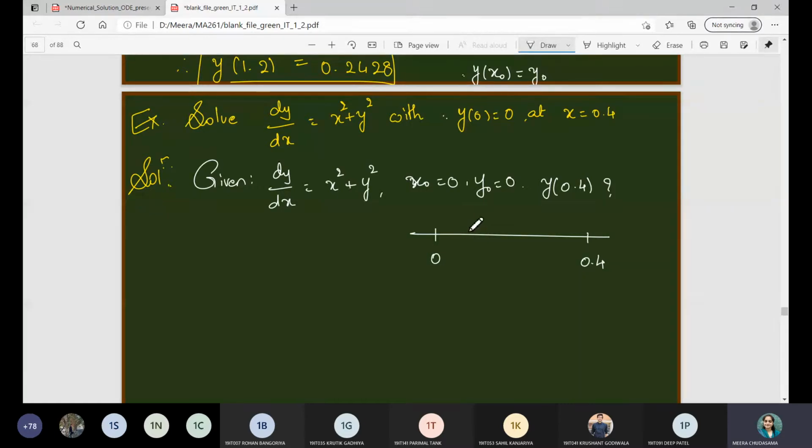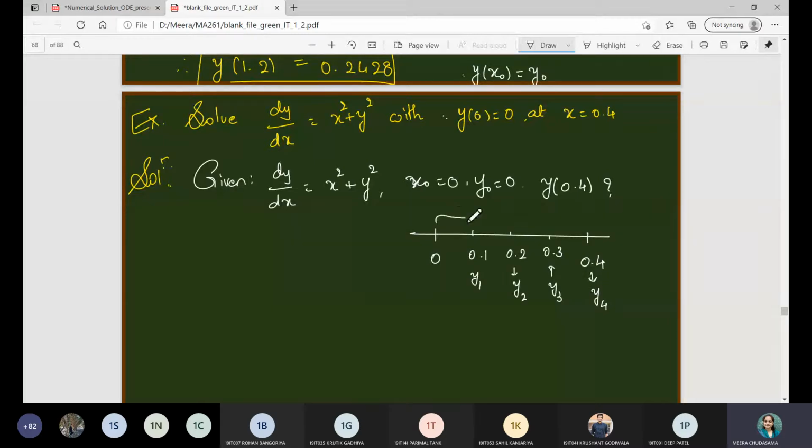There are many possibilities rather, but if you consider 0.1 as the step size, then the points are 0.1, 0.2, 0.3, and 0.4. The first approximation at 0.1 will be y1, then y2, then y3 at the third stage, and finally in the fourth iteration you are able to find the solution at 0.4.